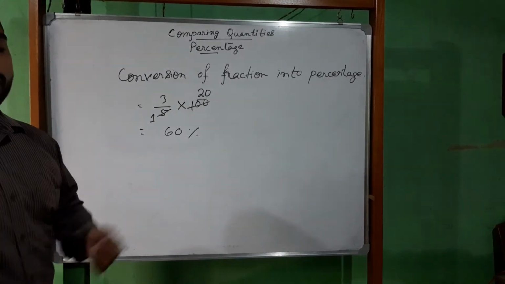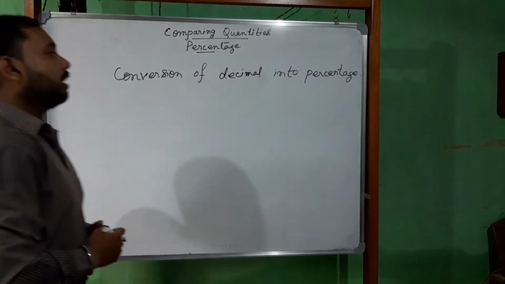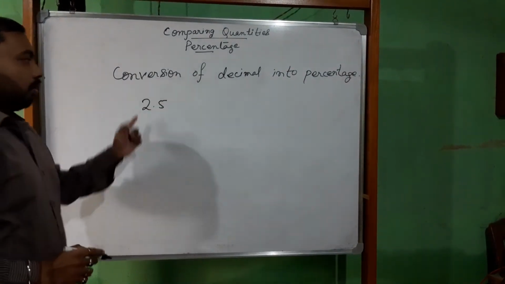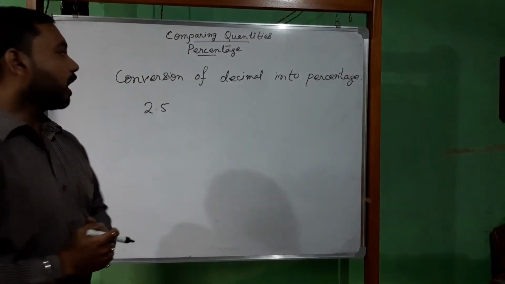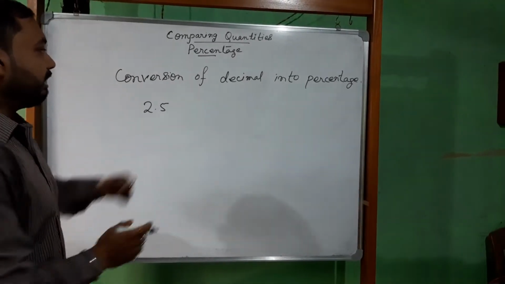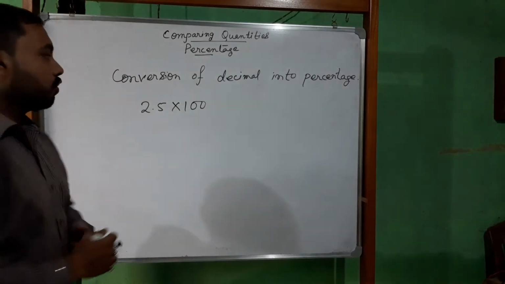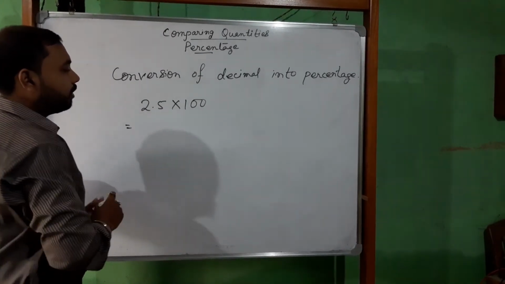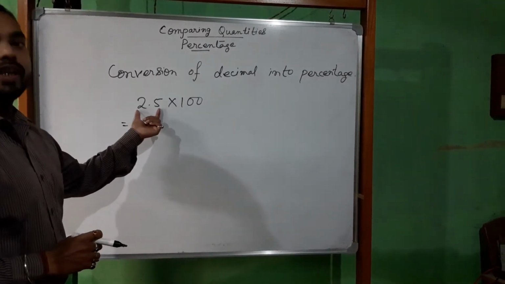Now I will show you how to convert decimal into percentage. So let us take 2.5. There are actually two methods to convert decimal into percentage. We can directly multiply 2.5 into 100. So let us forget the decimal point here and assume that it is 25.